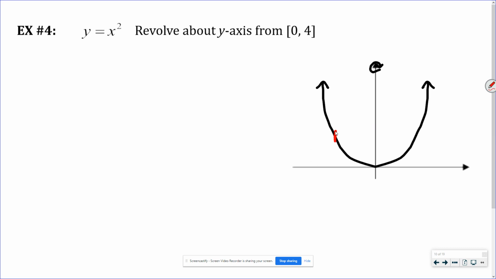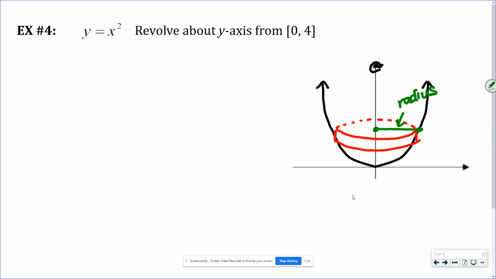And it's going to be flipped on its side this time because we're rotating our graph around the y-axis this time. So I'm making a little disc. That wasn't too bad. And then the radius of the disc would be from the center all the way to here. That's the radius.